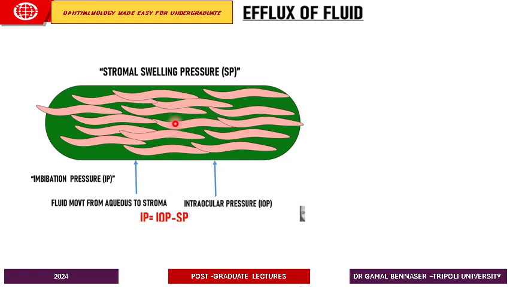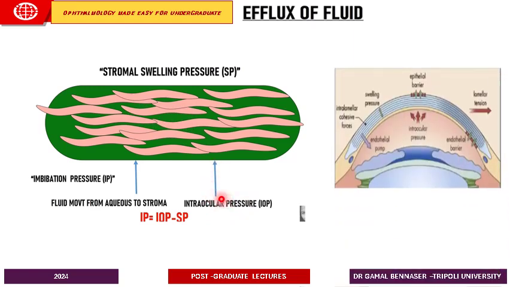Now, this imbibition pressure is counteracted by what's known as the swelling pressure within the stroma, because these two forces are acting to draw the aqueous from the anterior chamber towards the stroma. The intraocular pressure plays an important role in drawing the aqueous toward the stroma, and the imbibition pressure also will draw the aqueous toward the stroma.